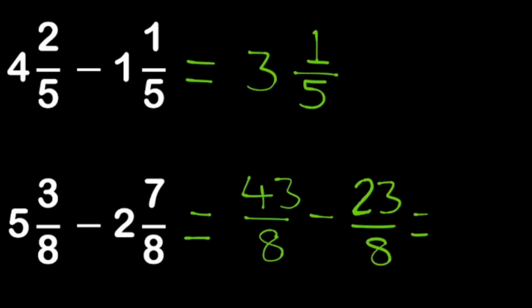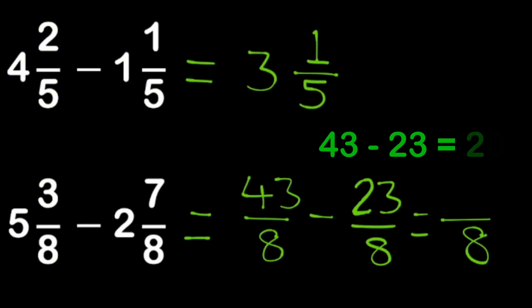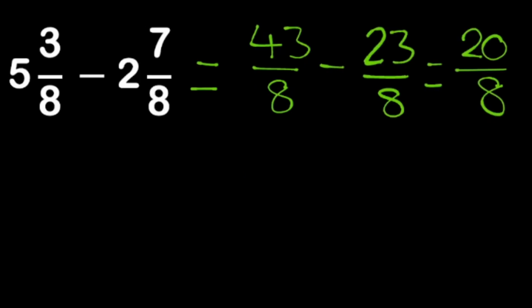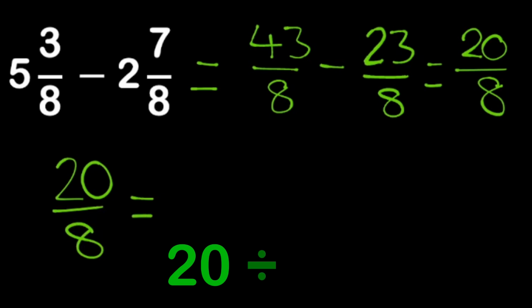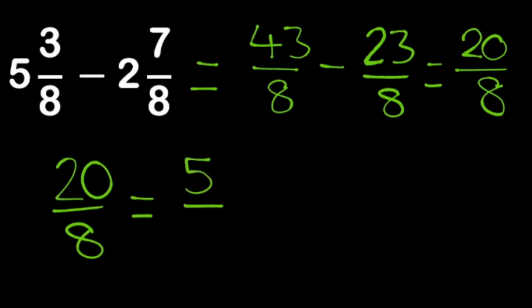Now it's much easier. Keep the original denominator, 8. 43 minus 23 is 20. So 20 over 8 can be simplified as both of these numbers are divisible by 4. 20 divided by 4 is 5. 8 divided by 4 is 2.